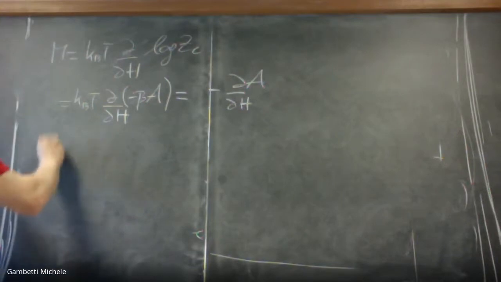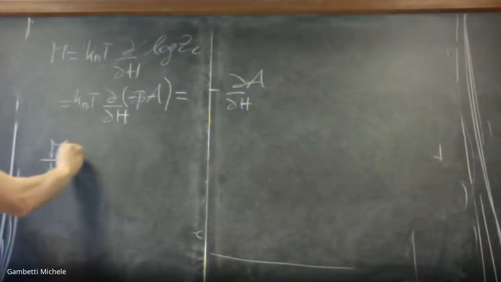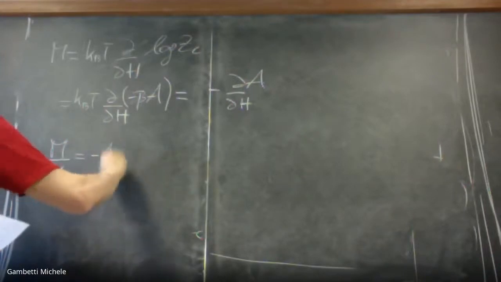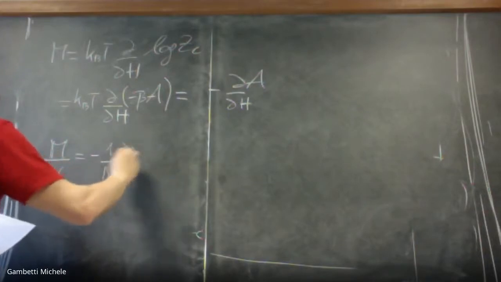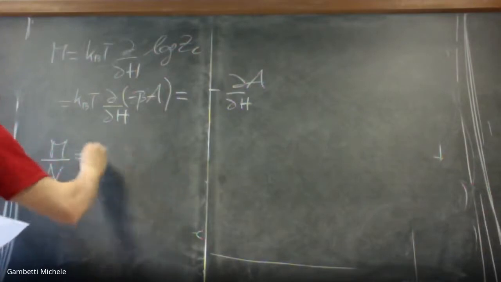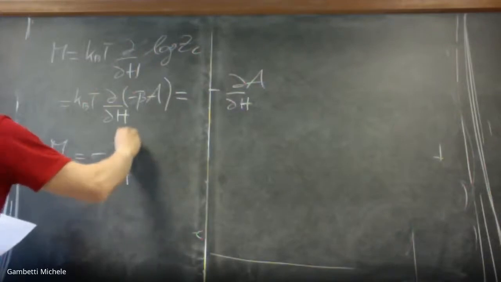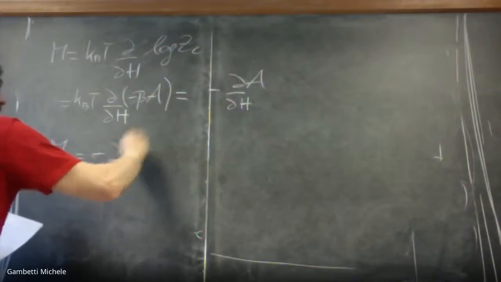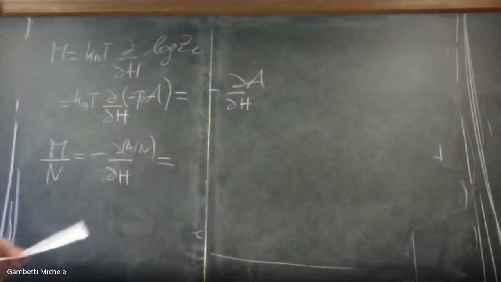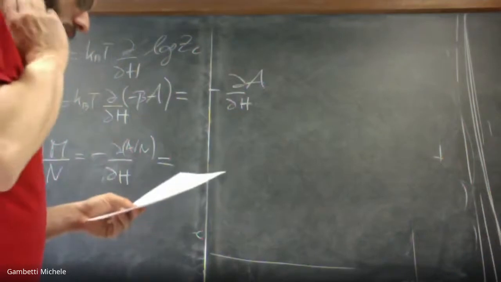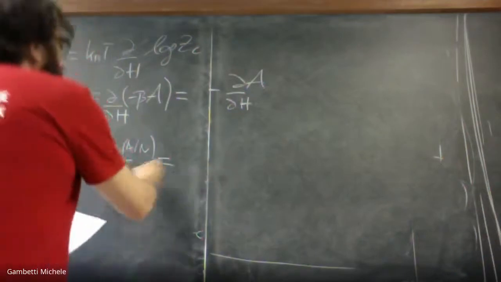And now it's useful to compute M divided by N, so normalize with respect to the number of particles, which will be minus derivative with respect to H of A divided by N. That was computed before, no? We have a formula for that, and we can just compute the derivative.